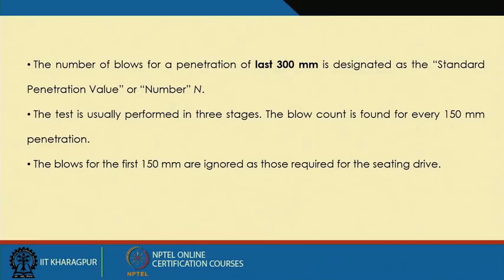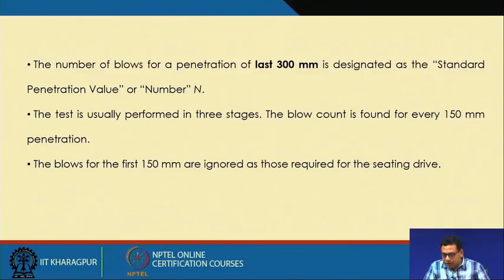This is performed in 3 stages and the blow count is found for every 150 millimeter penetration. The blows for the first 150 millimeter are ignored, as they are required for the seating drive.